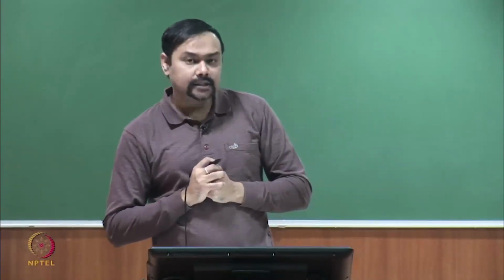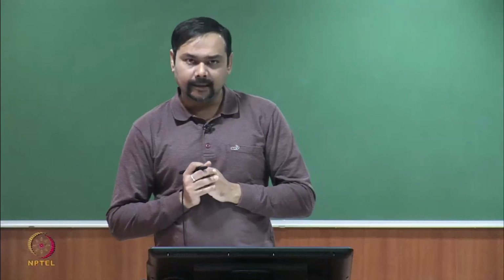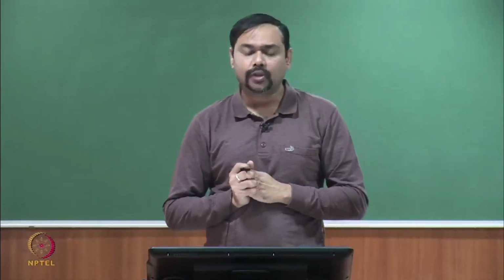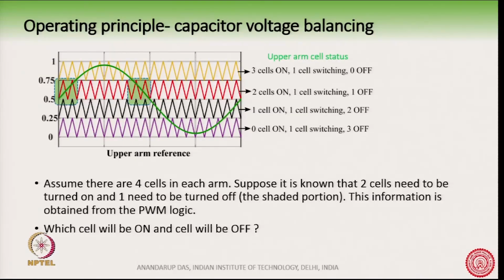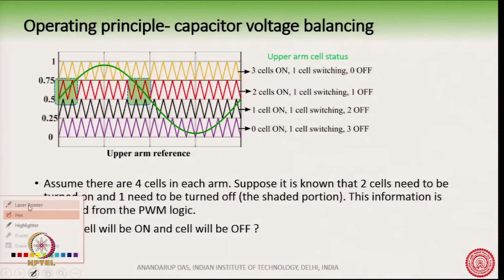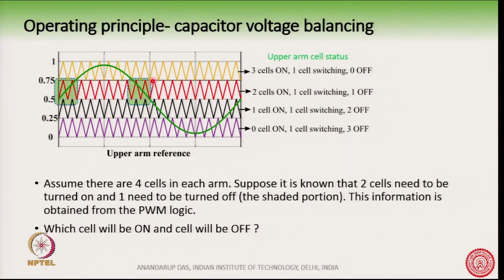So, let us again come back to the example and try to understand the sorting algorithm. In order to understand it, let us again take this part of the waveform. We have taken 2 shaded portions of the waveform here and here, and again we take the assumption that there are 4 cells in each arm.